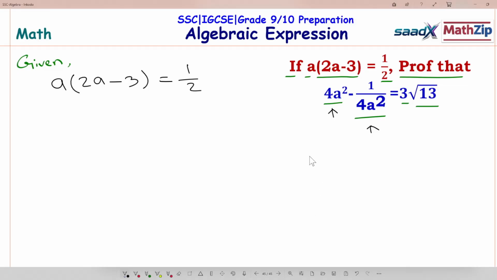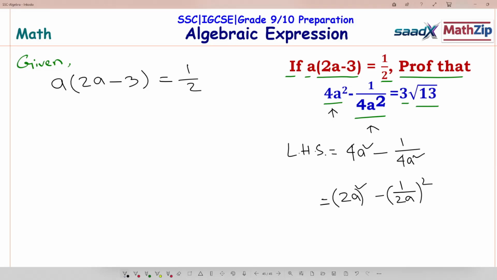So what does it mean? Here, left hand side, look, 4a square minus 1 by 4a square. This one we can write 2a square minus 1 by 2a square, right?